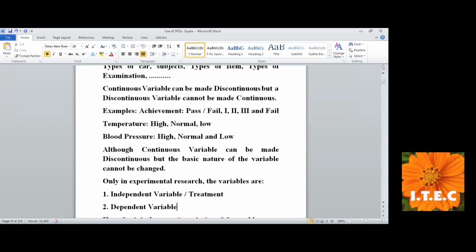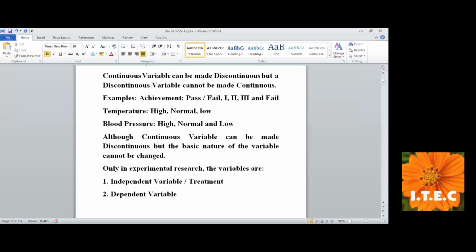Let me give one example. Suppose you have quality of food and you have your health.